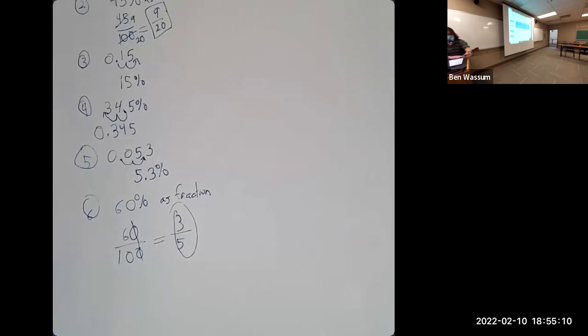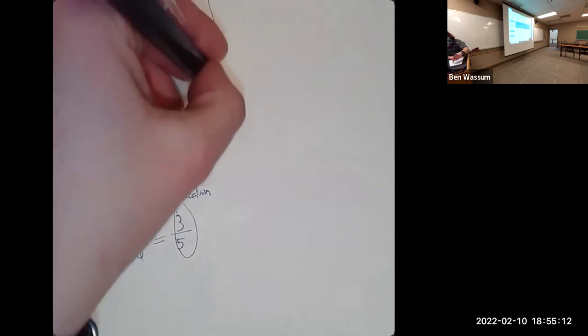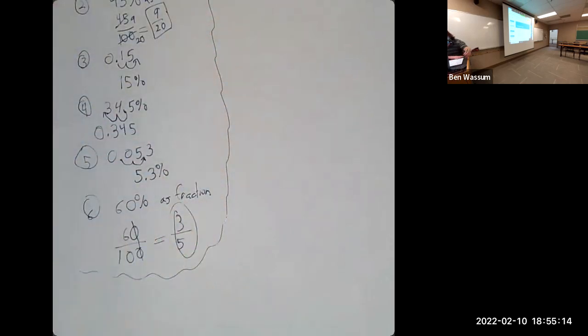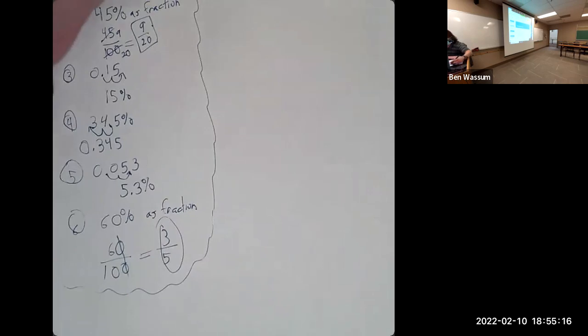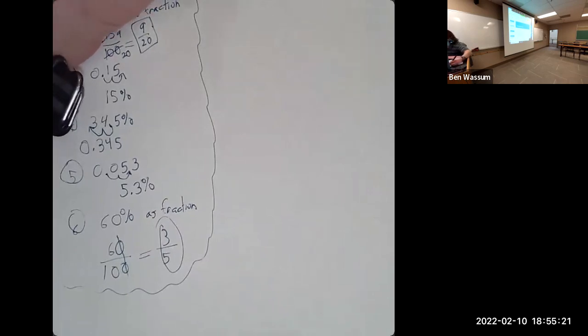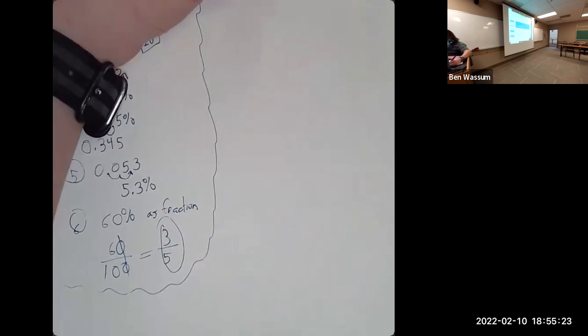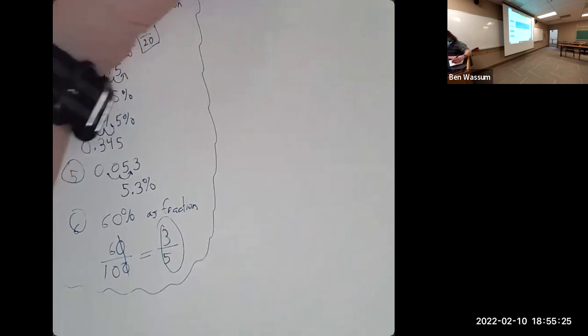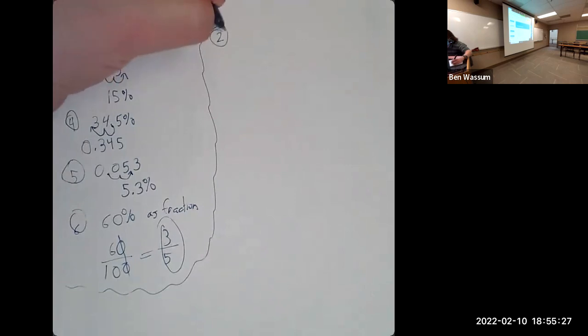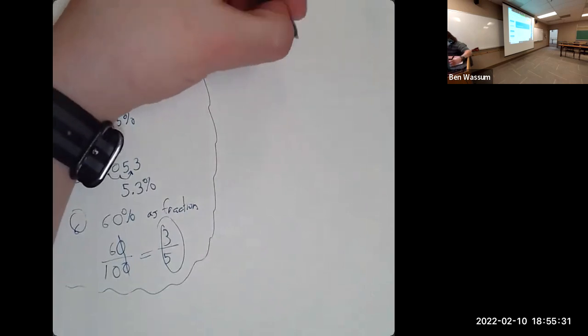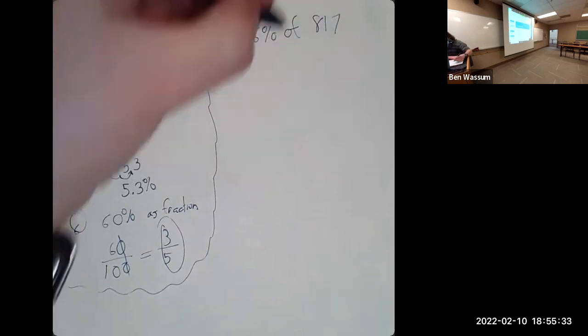Now, our first one, I'm going to kind of break that guy down over there. Our first one's just asking for 8% of 5,650. Our second one is asking for 76% of 817.